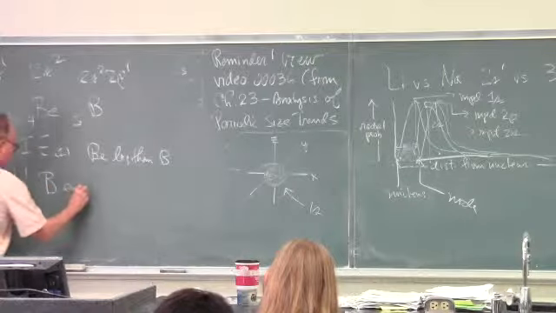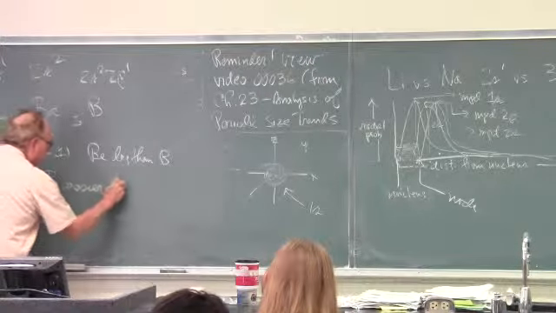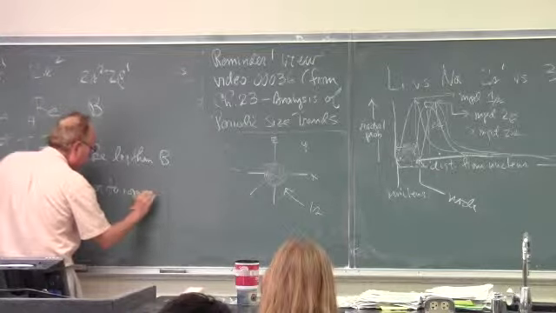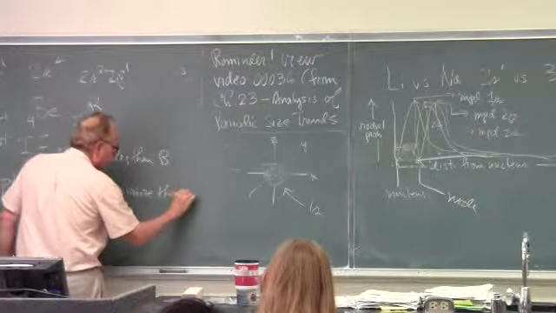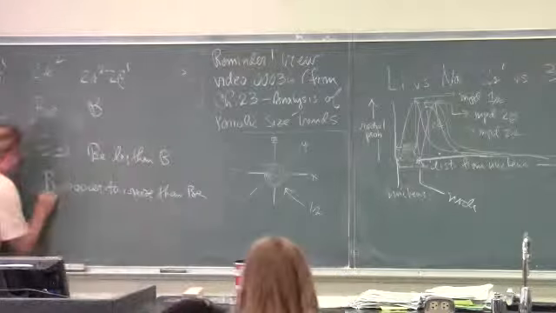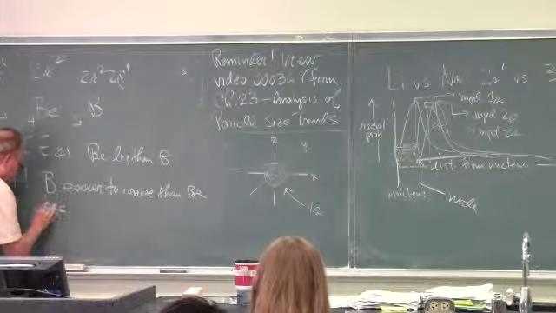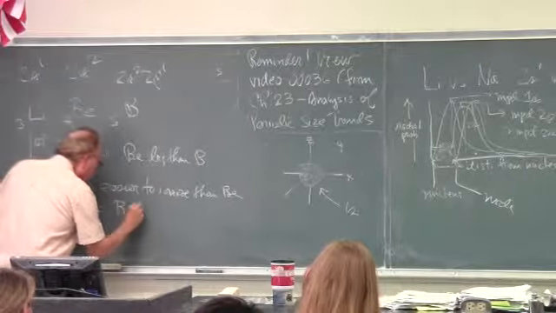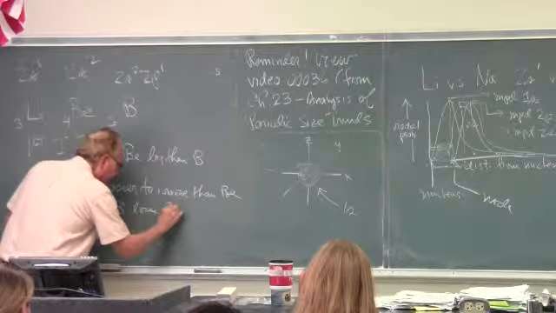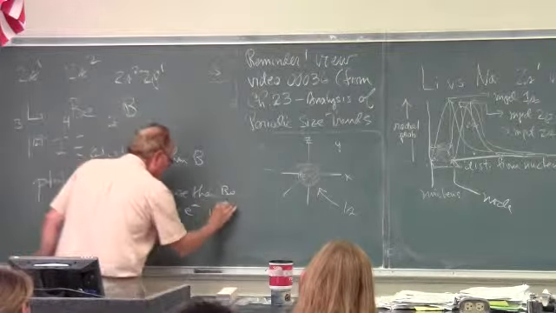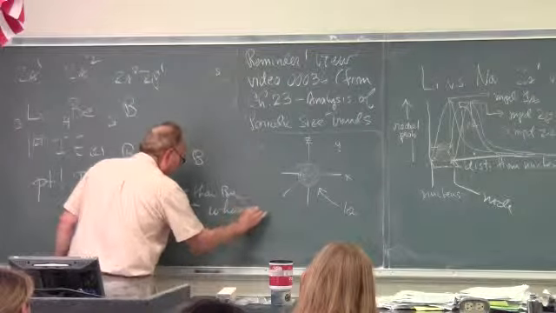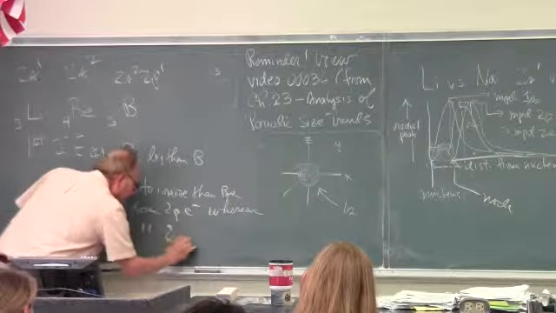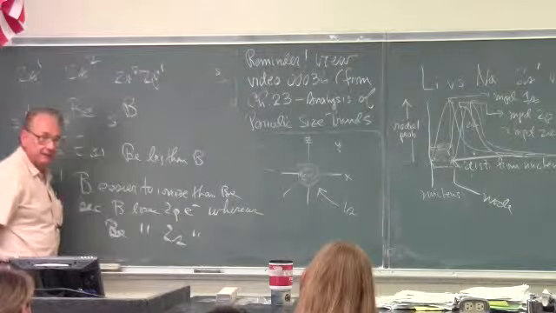Point. B, easier to ionize than Be, because B loses a 2p electron, whereas Be loses a 2s electron.